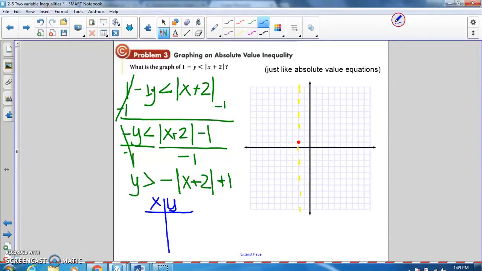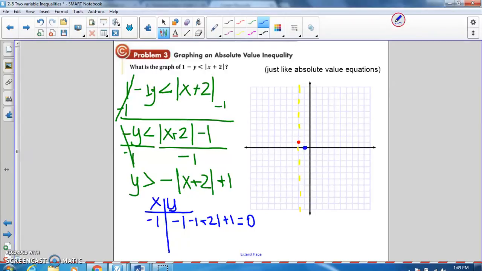I'm going to go with -1 first. So if I plug -1 into my equation, the opposite of the absolute value of -1 plus 2, plus 1: -1 plus 2 is 1. The absolute value of 1 is 1. The opposite of the absolute value of 1 is -1. -1 plus 1 is 0.